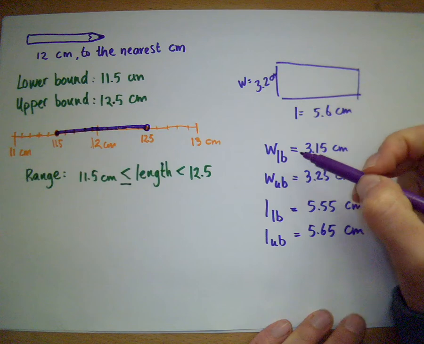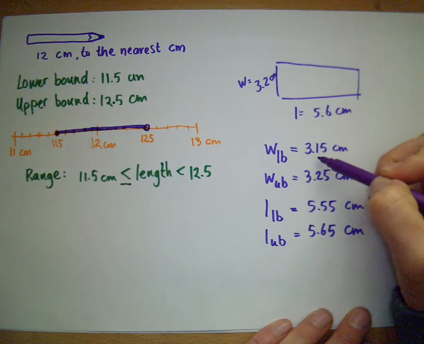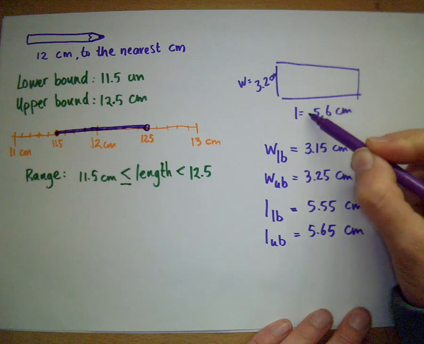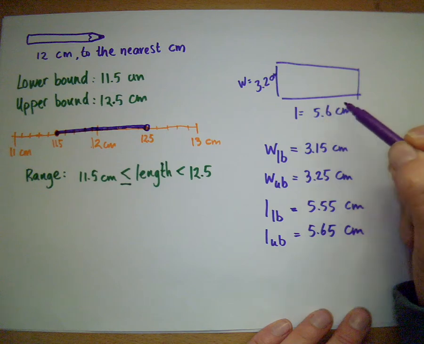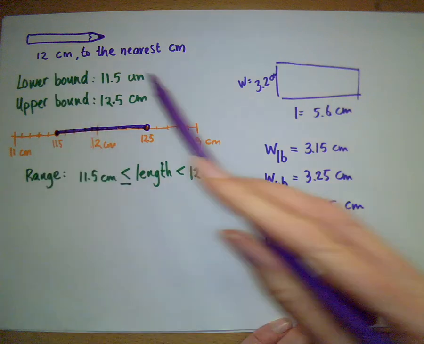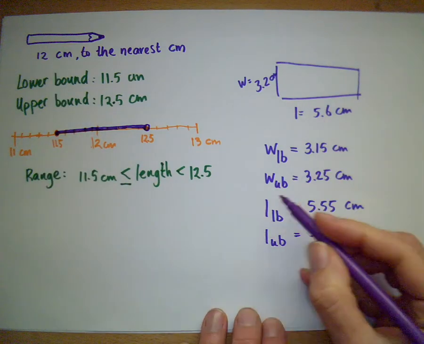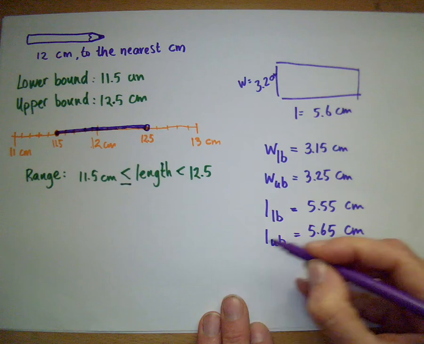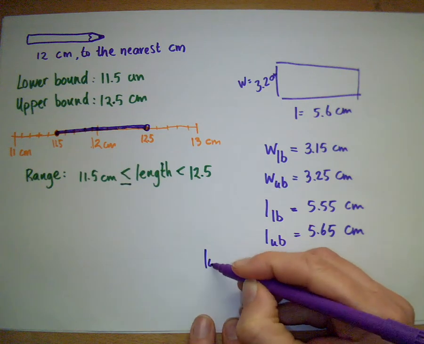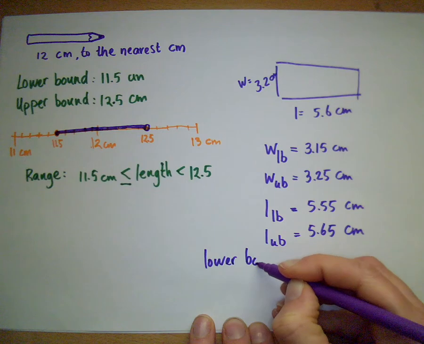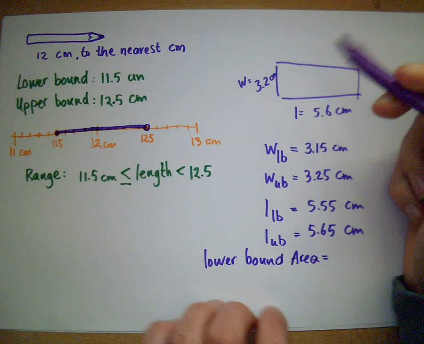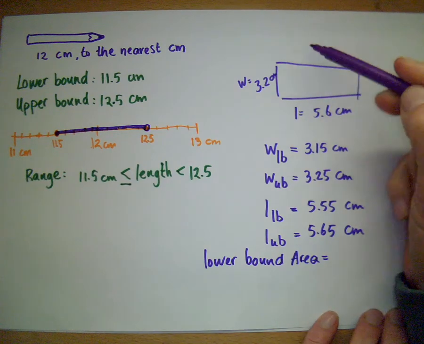See how my upper bounds and lower bounds have one more decimal place than our rounded values. That's always true here as well. So the lower bound of the area, how do we get the smallest area of this eraser?